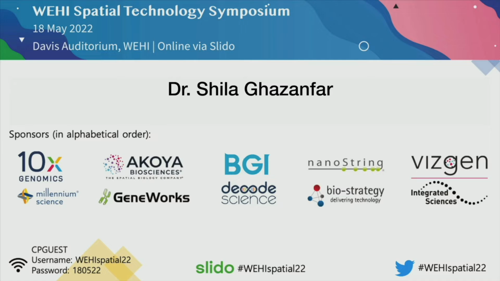And next up, we have one of our keynote speakers, Dr. Shila Ghazanfar. Shila is an Australian Research Council DECRA Fellow at the University of Sydney. She did her PhD in Statistics and Statistical Bioinformatics at the University of Sydney before completing a Royal Society Newton International Fellowship at the University of Cambridge.